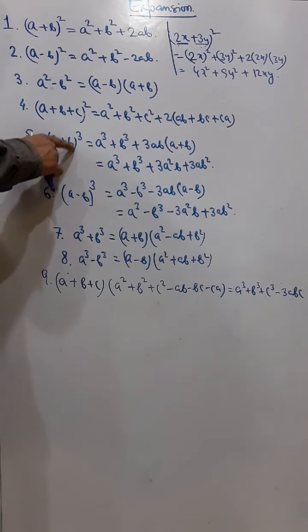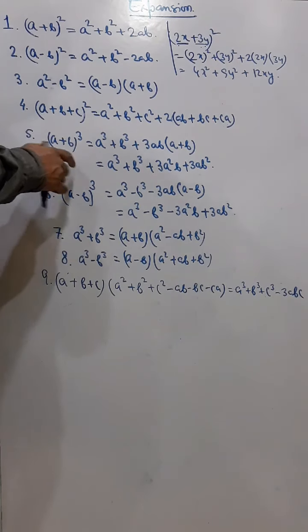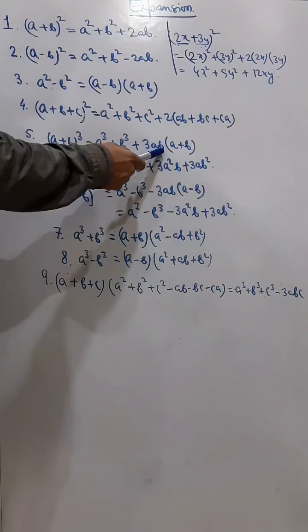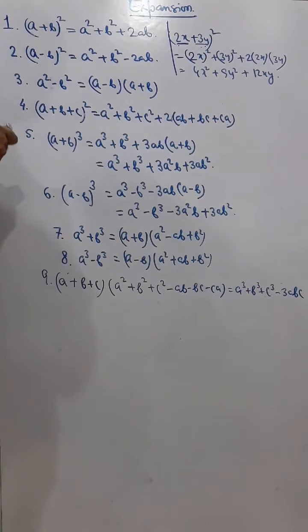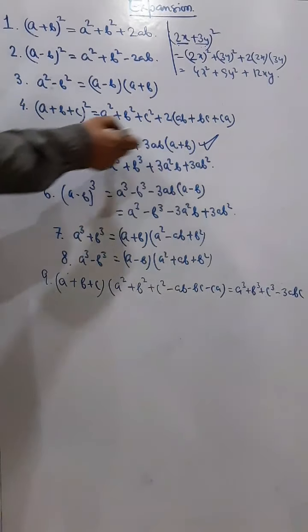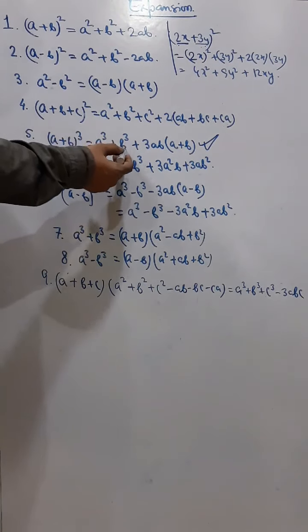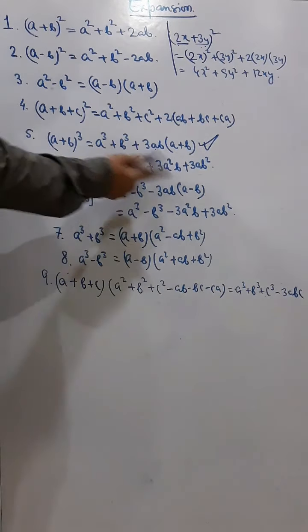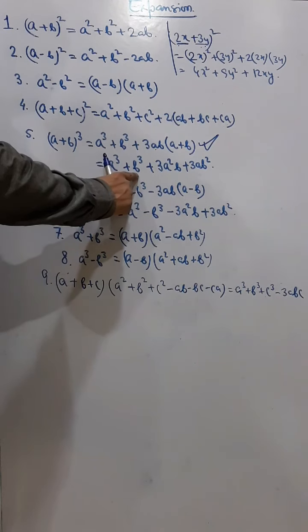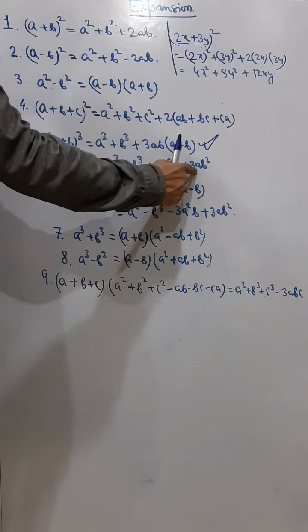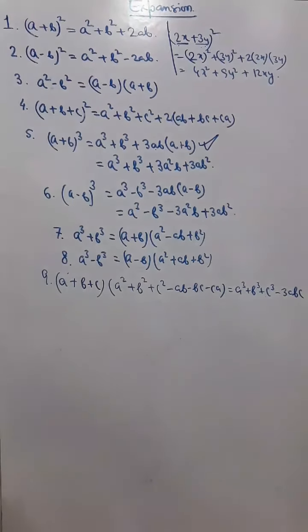Now this is (a plus b) whole cube. (a plus b) whole cube means it is a cube plus b cube plus 3ab bracket (a plus b). So we remember the formula in this way, because it is easy to remember. And then in the next step we expand that: a cube plus b cube plus 3a square b plus 3ab square.